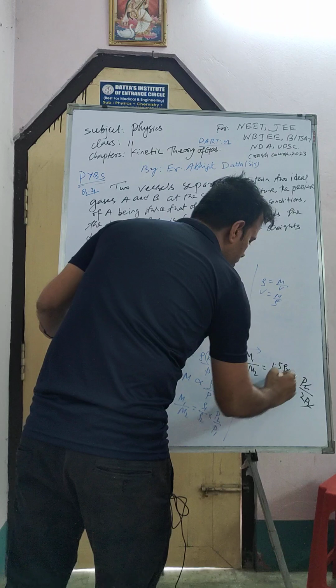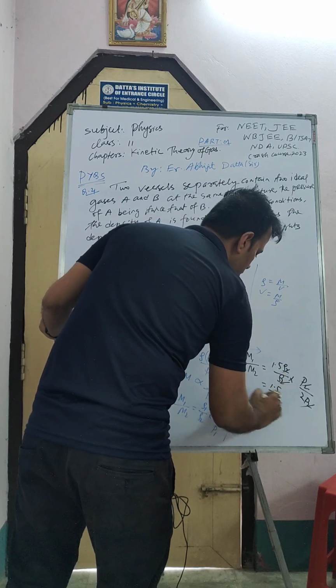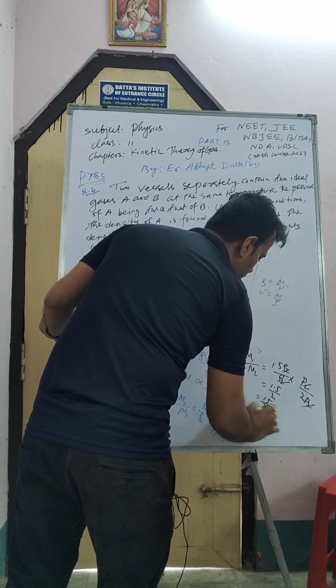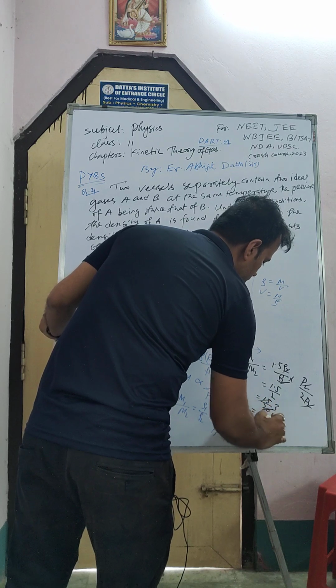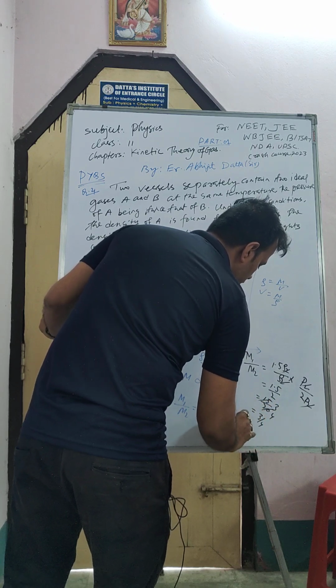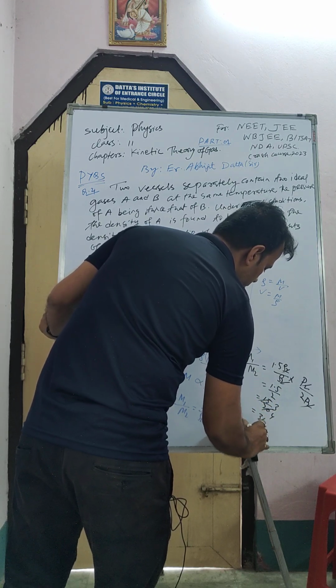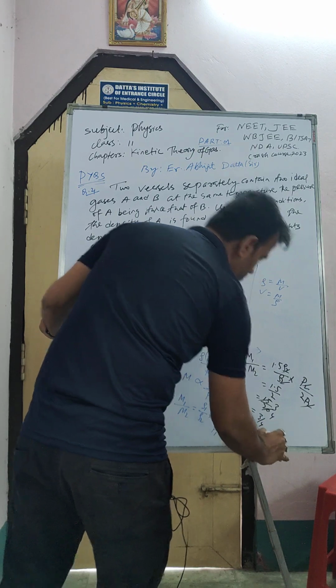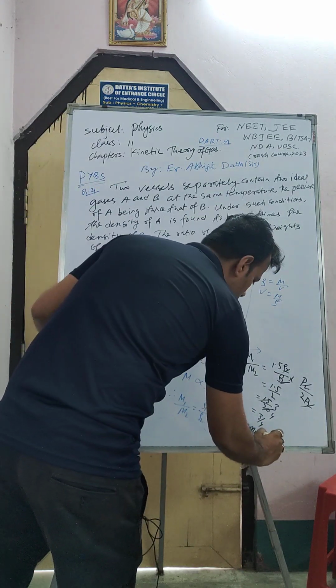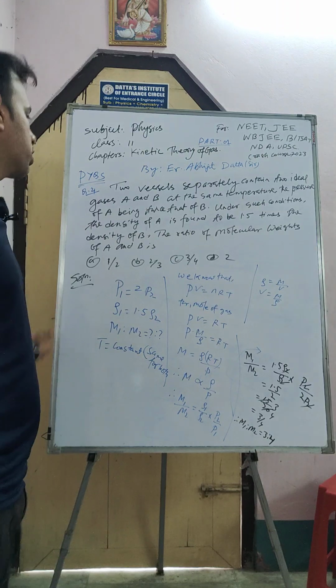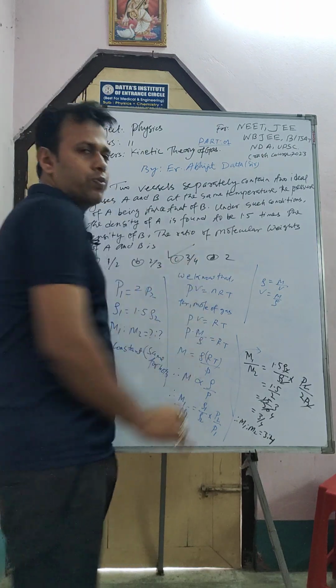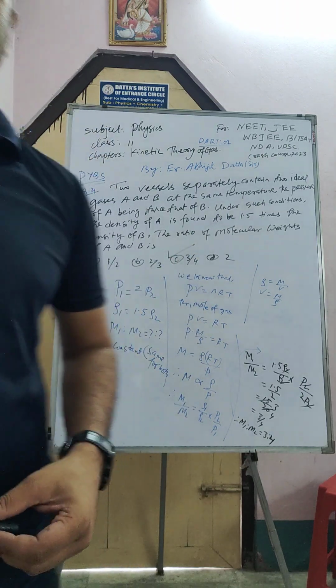This one cancels. So 1.5 by 2, it will be 150 by 200, which is 3 by 4. So 3 by 4 will be the answer. So M1 is to M2 is equal to 3 is to 4. So which option is correct? That is 3 by 4. Got my point? That is 3 by 4.